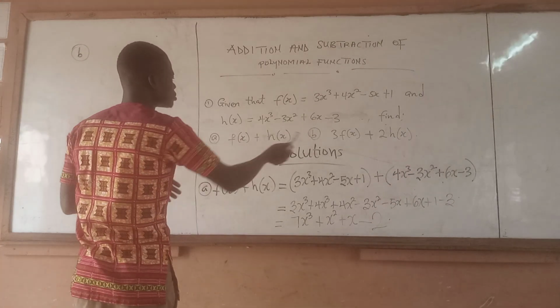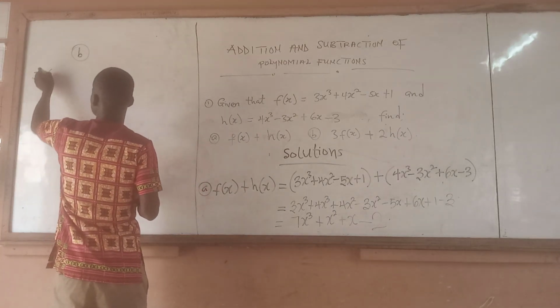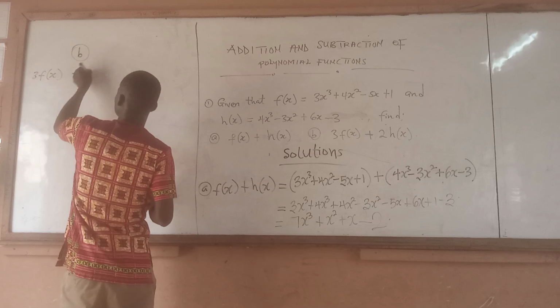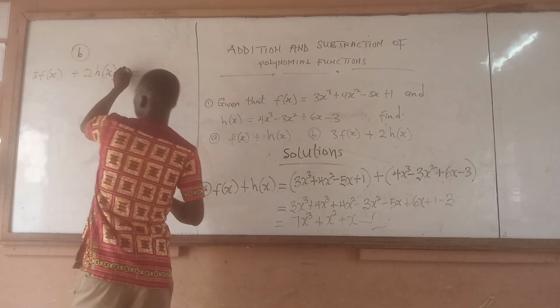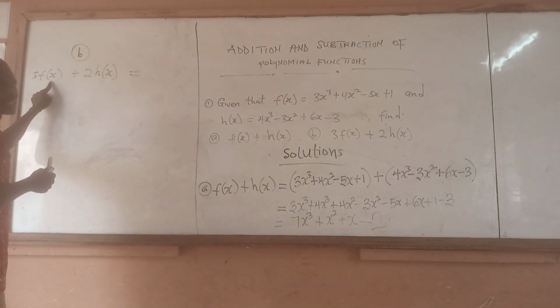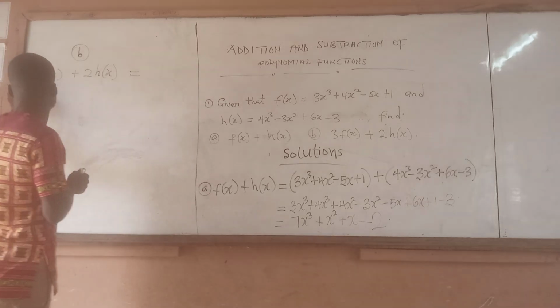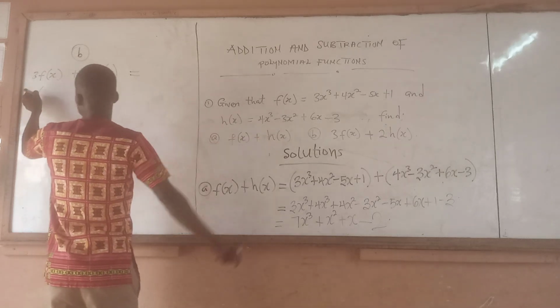We have to find 3f of s plus 2h of s, which means 3 times f of s plus 2 times h of s.